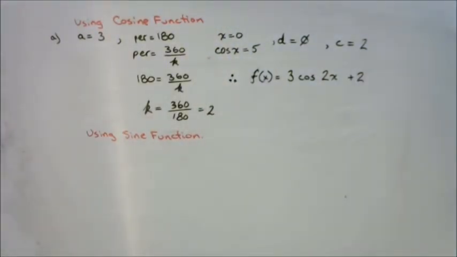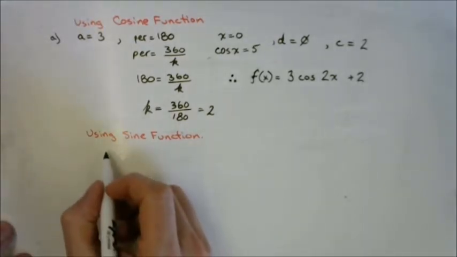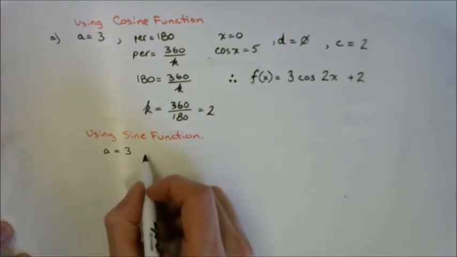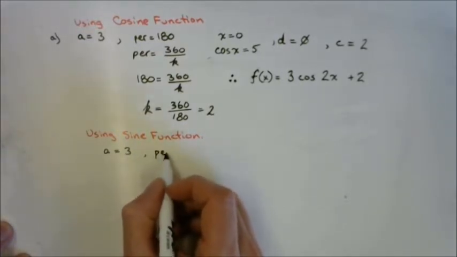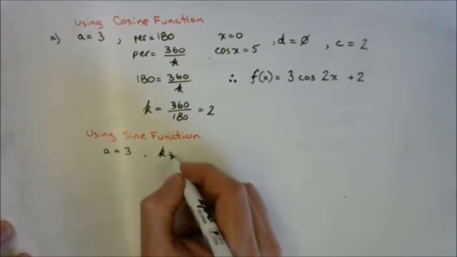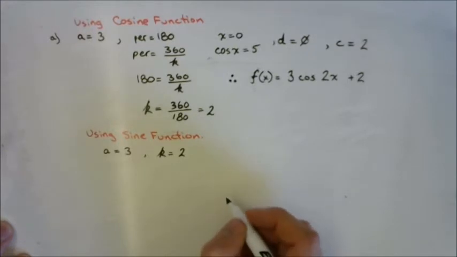So sine is going to be a little bit more difficult, but we're going to use the exact same values here for a, k, and c. Right? Nothing has changed. It's still going to have an amplitude of 3. It's going to have a period of 180, which gives it a k value of 2.